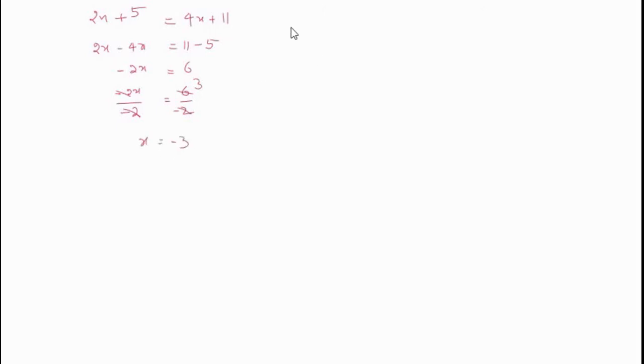Now let us see how we will solve an inequation with the same expression, that is 2x plus 5. So now let us take this greater than 4x plus 11.